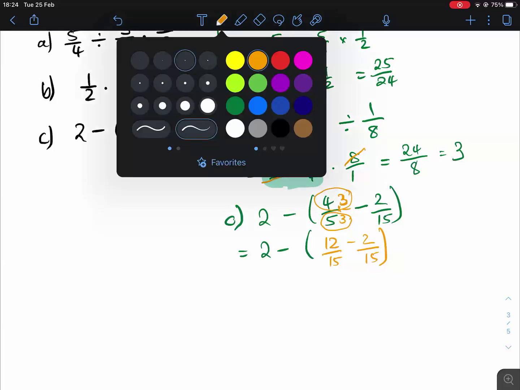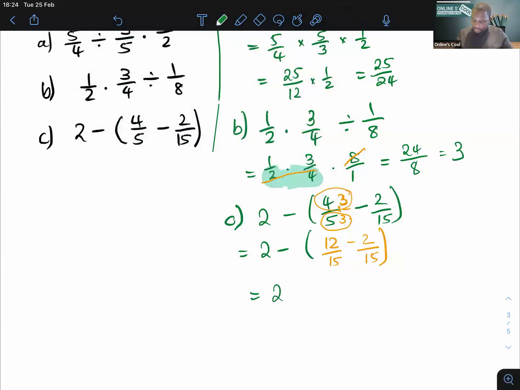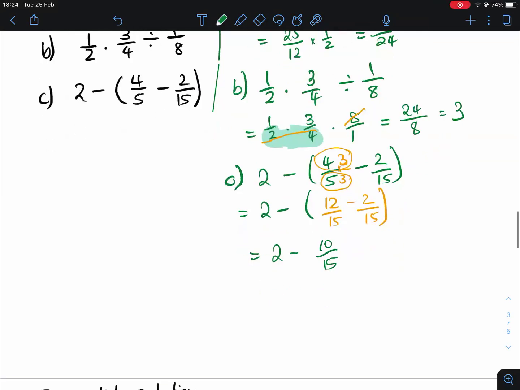Right? And then we have 2 minus, what is this now? 10 over 15. And then what is the answer to this?